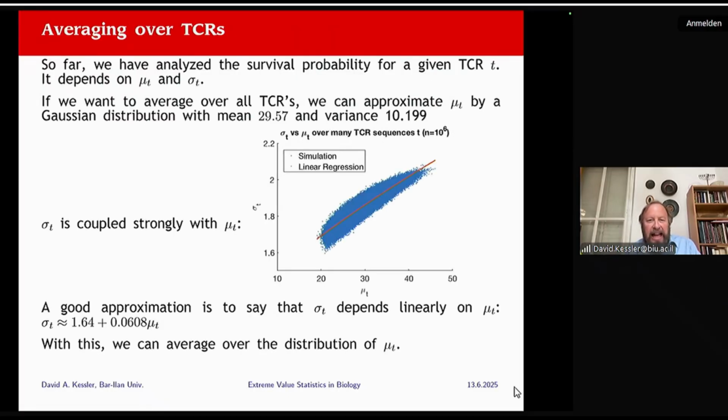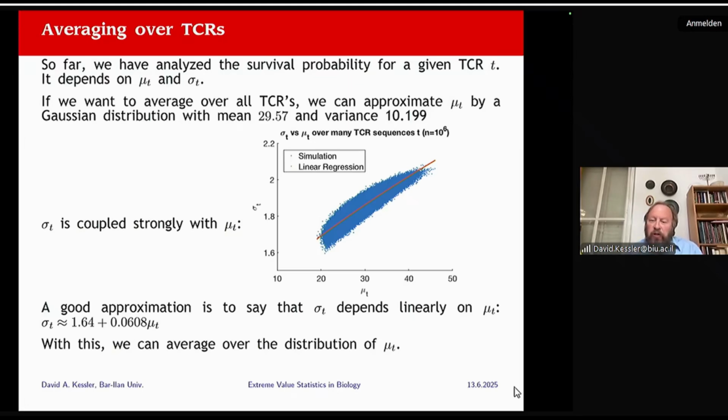All right. So far we're talking about a given single TCR. And as I said, this probability depends on two numbers: the mean interaction energy, mu t, and its variance, sigma t, which are basically the mean and the variance of a given row or column of the MJ matrix.